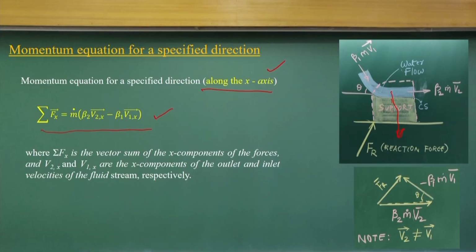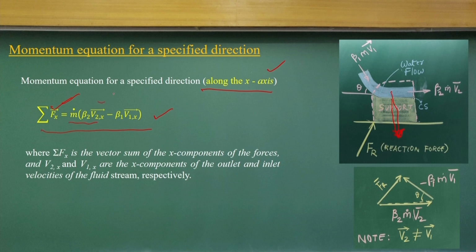When you consider only the x direction, forces acting in the y or z direction may not have any components. That way you can resolve the force as a scalar component in the x direction only.